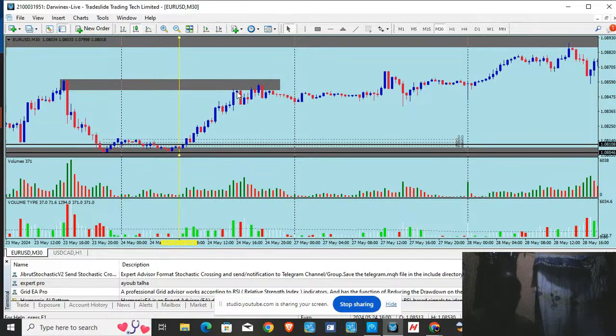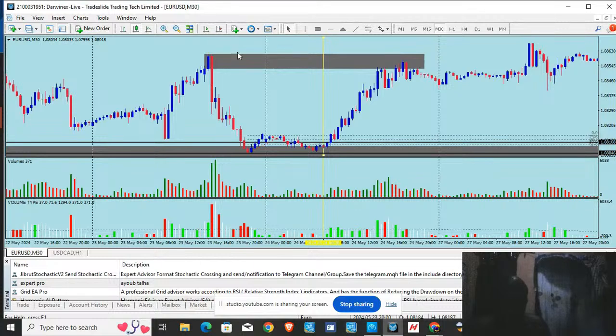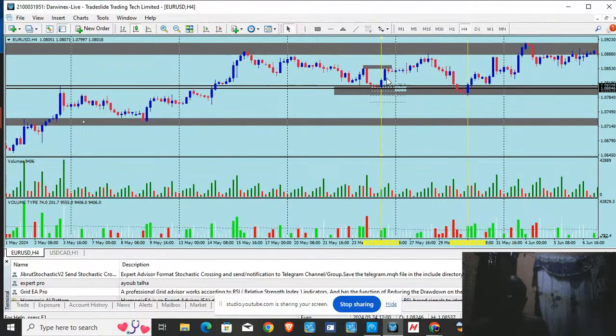For example, now, what we analyze, if you check now based on 30 minutes, this is a kind of supply zone. But if you go to 4 hours, you find out that here is not a zone. What happened? This market was moving up.